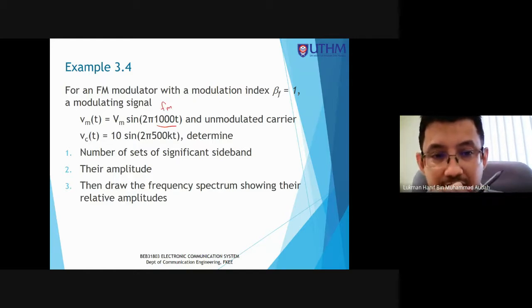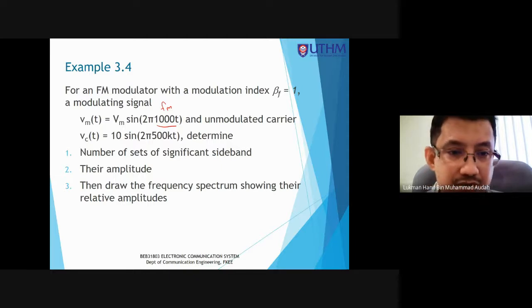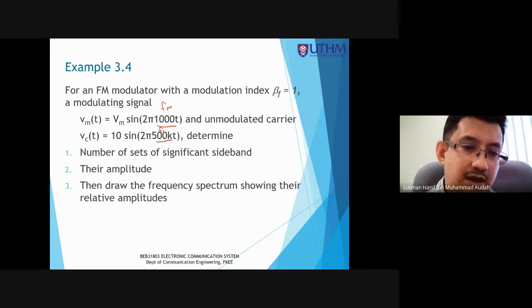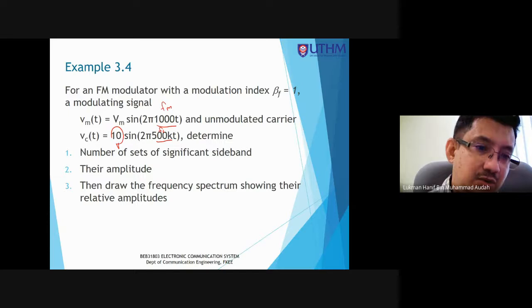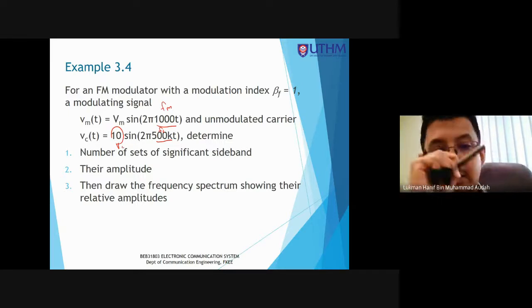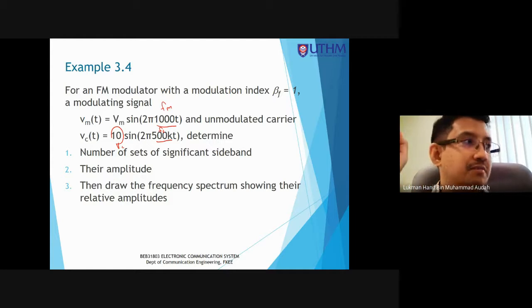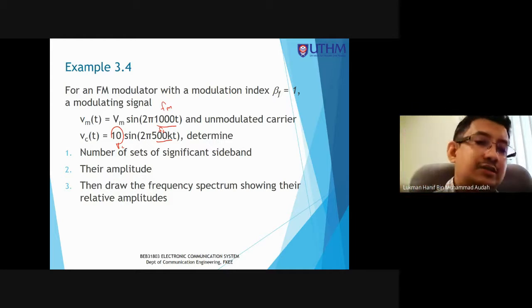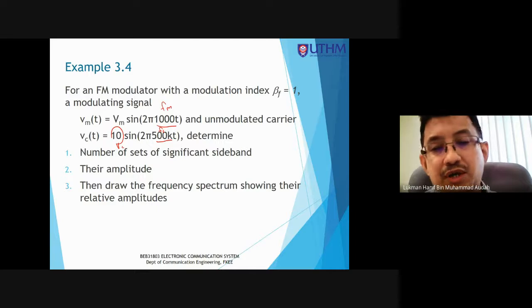You are given a carrier frequency of 500 kilohertz, so this is FC, and a VC equal to 10. We don't know how much VM is. How do we do this? Make sure you have a calculator.